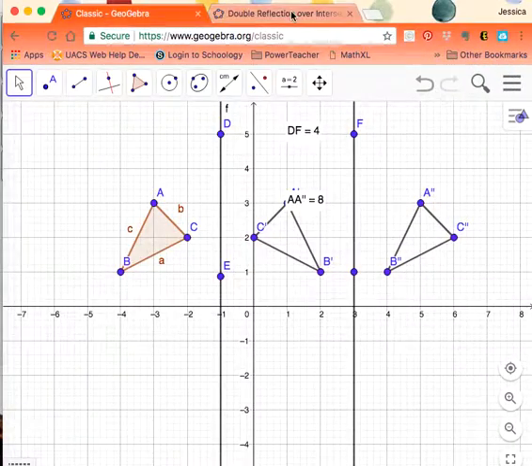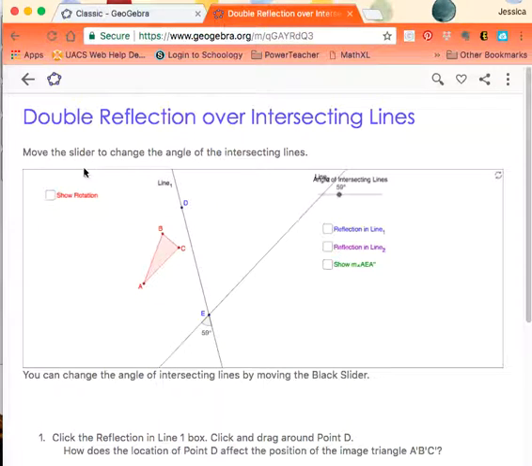So if I pull up another observation, here is my double reflection over intersecting lines. We first have triangle ABC. We have this line right here, this angle right here is 59 degrees. So if I reflect across line 1, we have this image. Then reflect across line 2, and here's my new image. And if I show you the measure of the angle of rotation, it's 118 degrees.